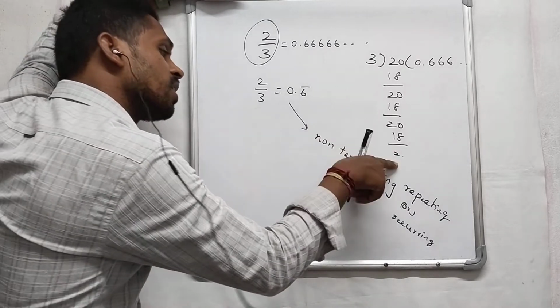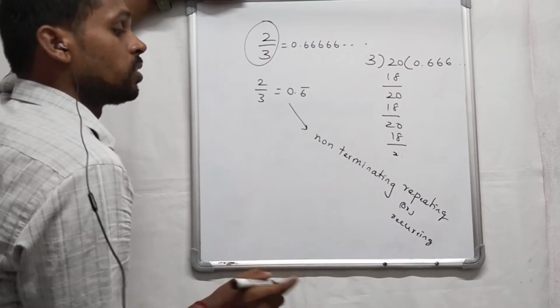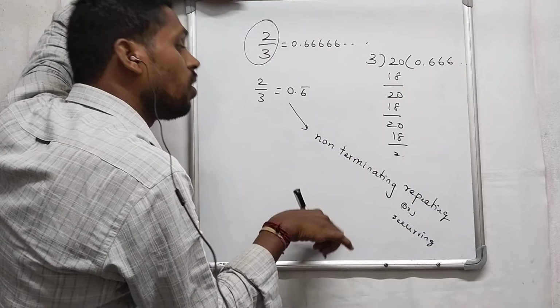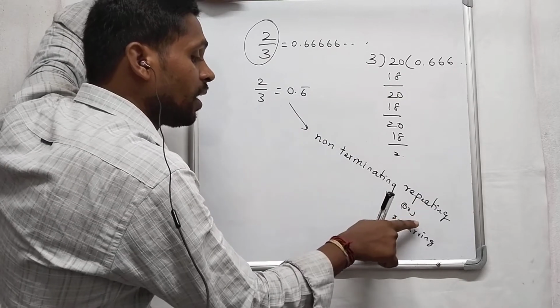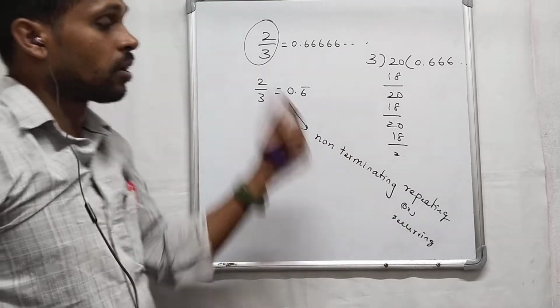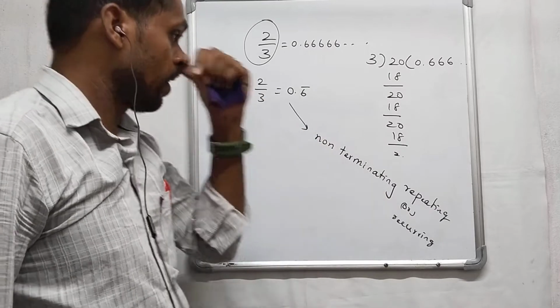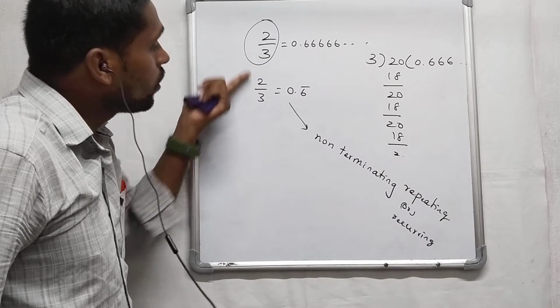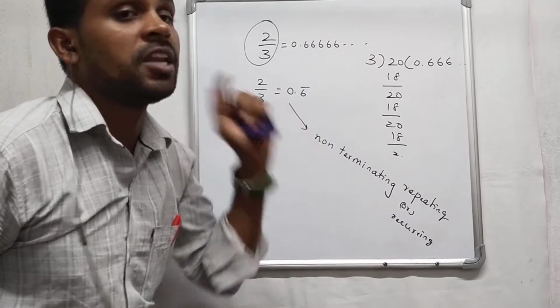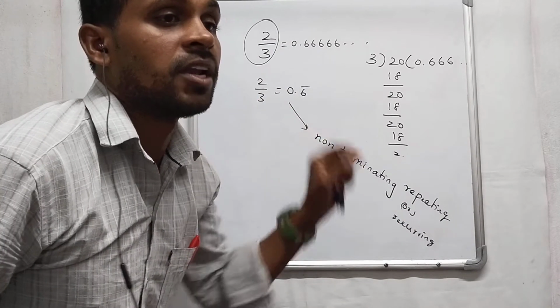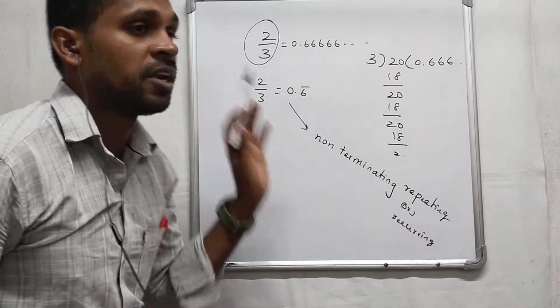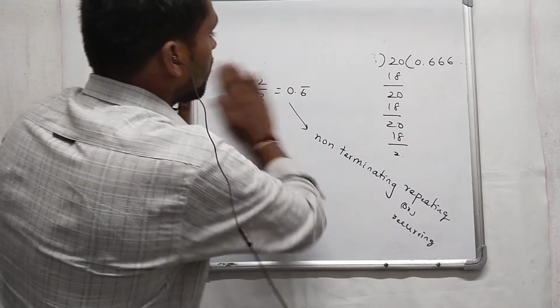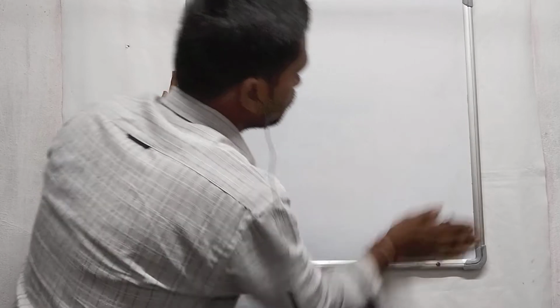When it gives remainder 0, it is a terminating number. When it does not give remainder 0, it is non-terminating recurring. Simply, if the denominator has factors other than 5 and 2, we say it is a non-terminating repeating or non-terminating recurring decimal.